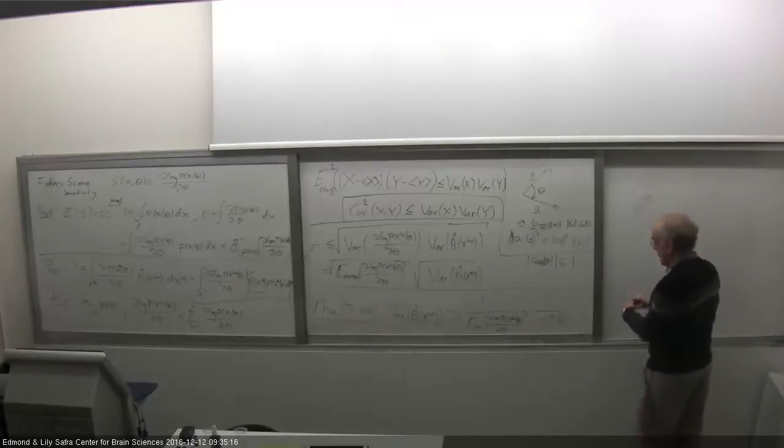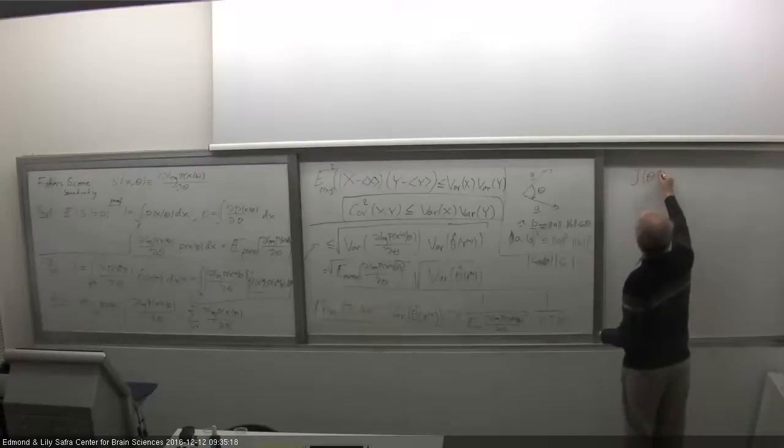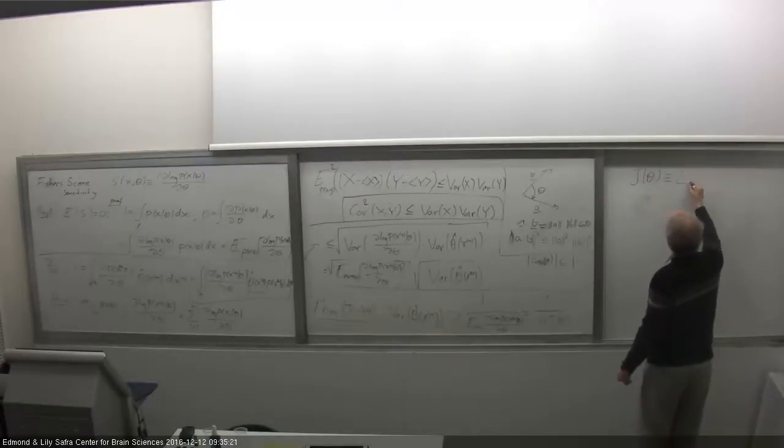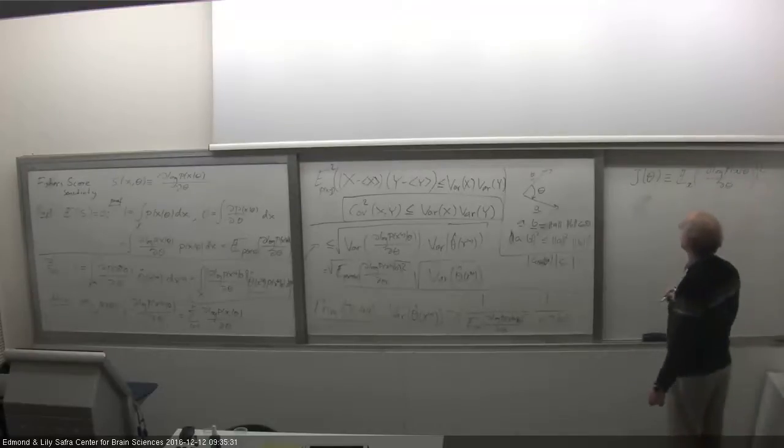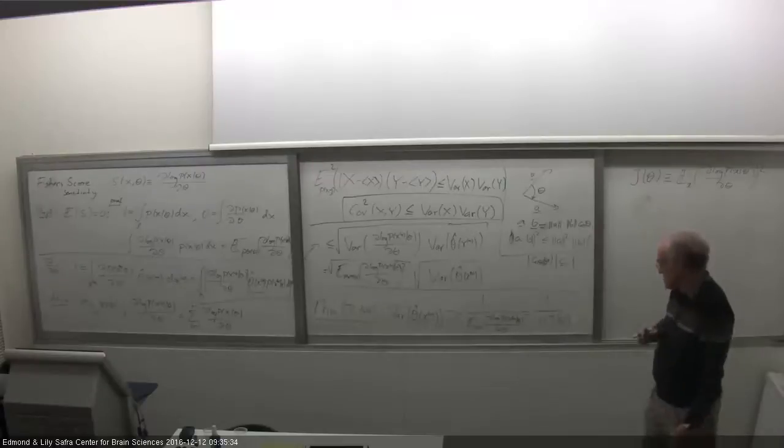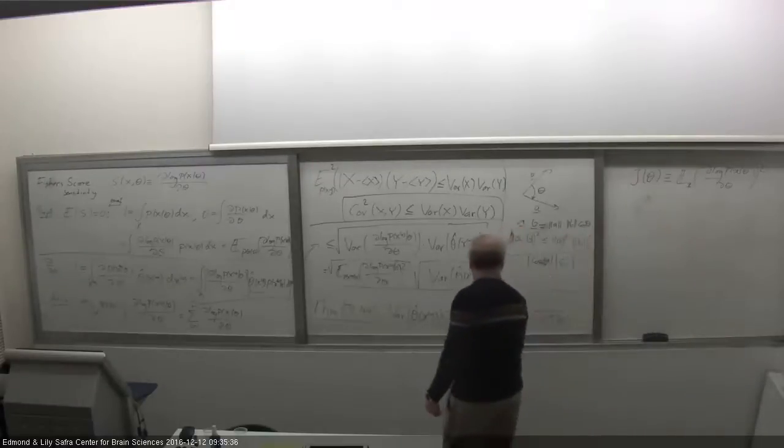So J of theta is what is known as Fisher information. It's simply defined to be the expectation with respect to x of d log p over d theta, squared, which is precisely the variance. Here it's squared, I'm sorry.